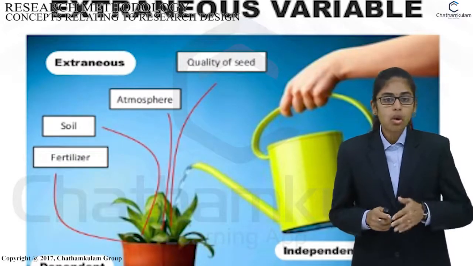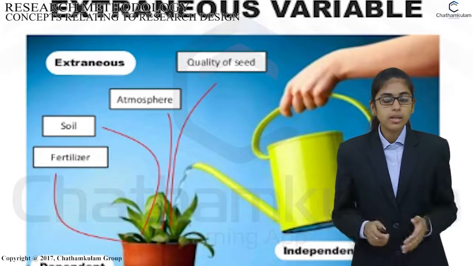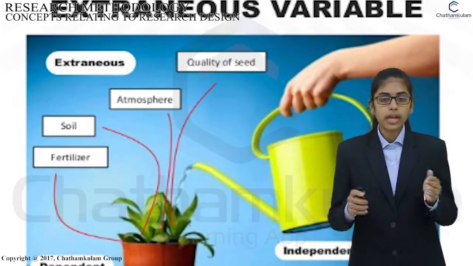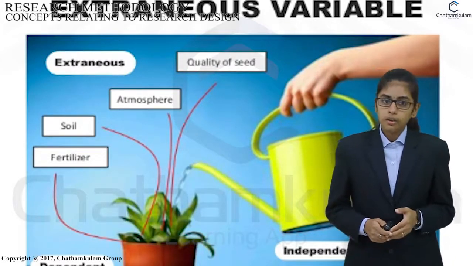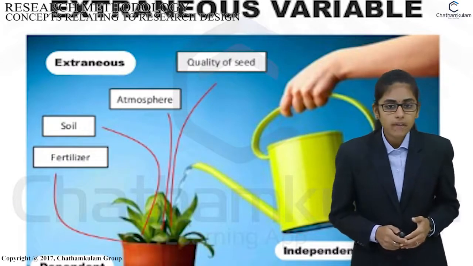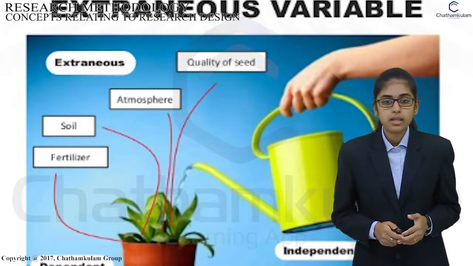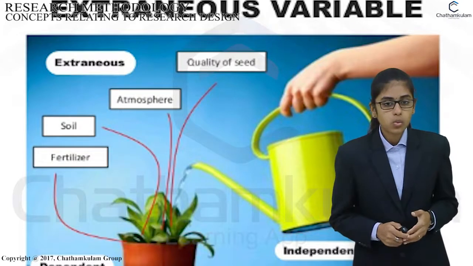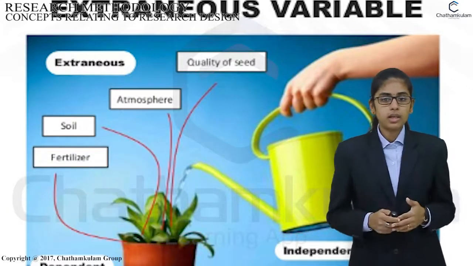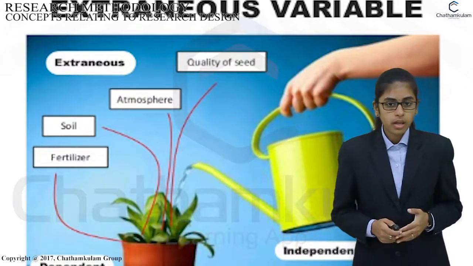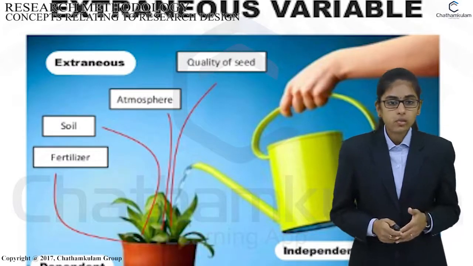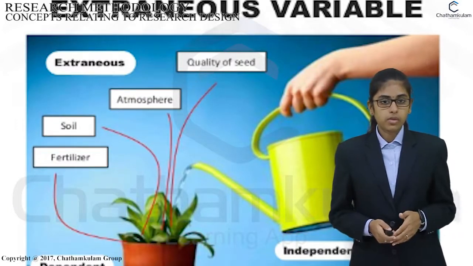The influence caused by an extraneous variable on the dependent variable is technically called the experimental error. Therefore, a research study should always be framed in such a manner that the influence of extraneous variables on the dependent variable is completely controlled and the influence of independent variables is clearly evident.